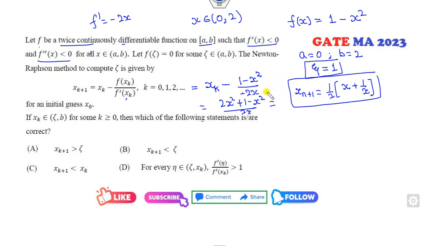So this complex formula becomes this quantity. xk lies between xi, which is 1, and b, which is 2. So I can choose any xi k. I can say xi k is 1.5. Then which of the following statements is correct? That's over. xk plus 1.